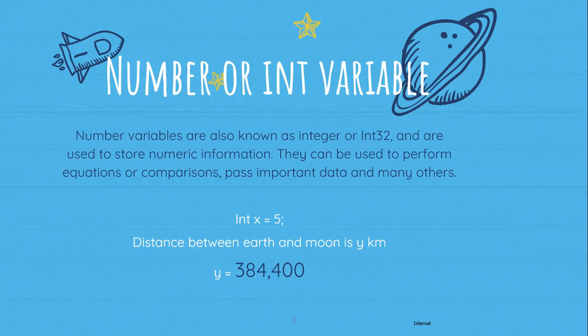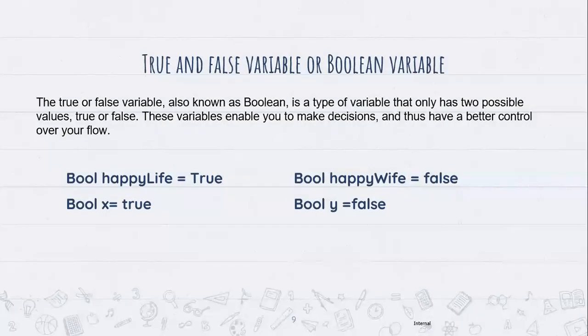For example, the distance between Earth and Moon is 384,400 kilometers. You can say I can store it in a string. But when you do some operation, suppose you have to add 5 kilometers more to it, you can't add 5 plus a string value. If you want to add two numeric values, you need to store those values as numeric values.